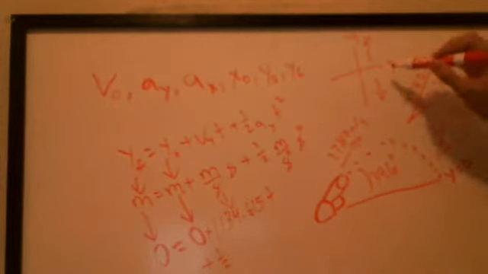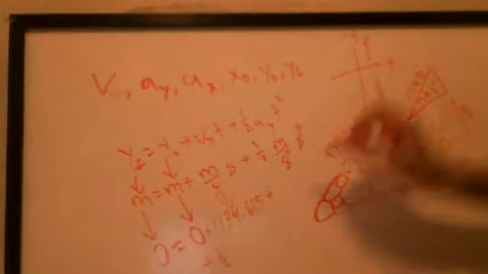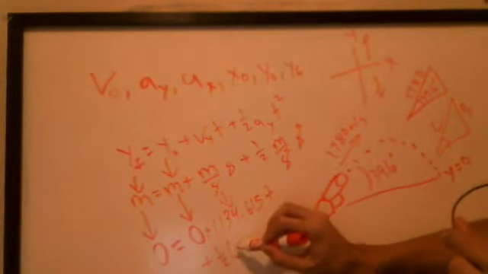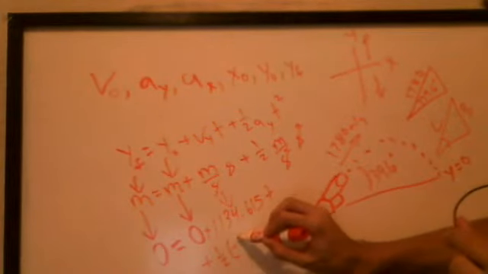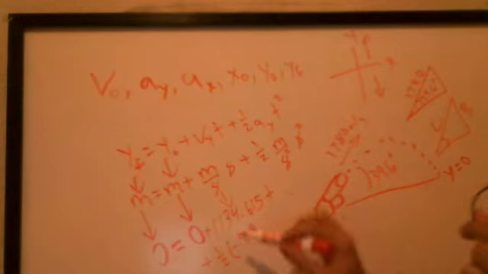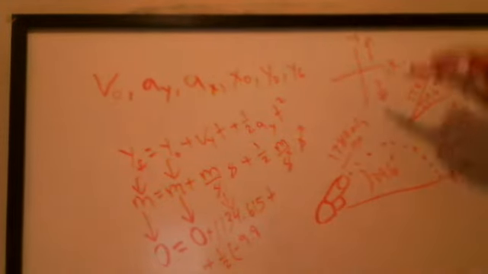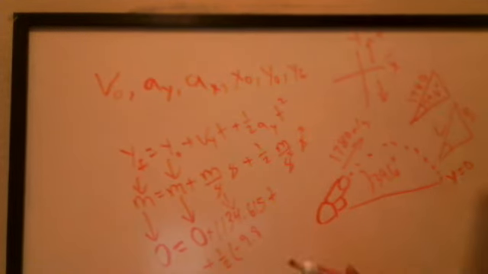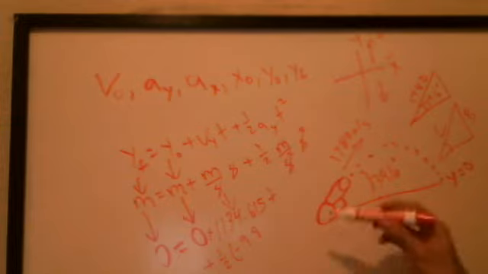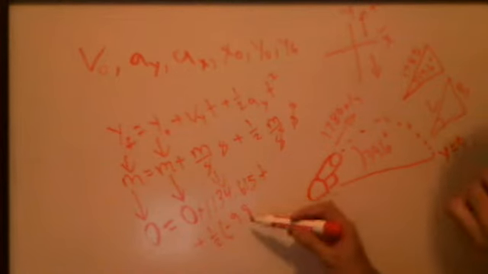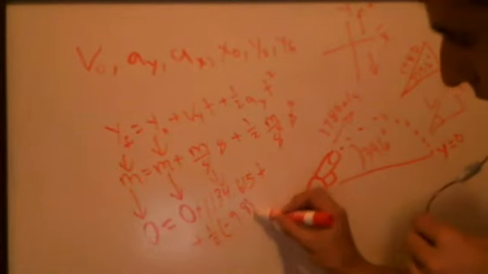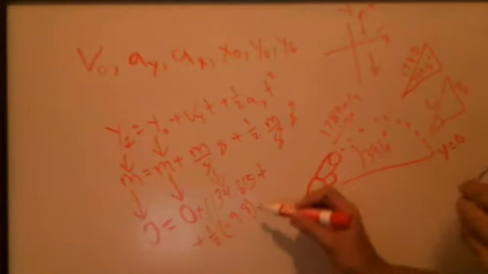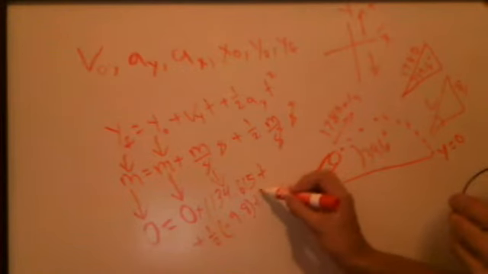And since you have acceleration for gravity, it'll be negative 9.8. The reason you have a negative there is because we're saying that going upward is positive and going down is negative. So gravity is going to, oh, can you see that? Yeah. Gravity is going to be against us this whole time. And it's multiplied by time squared.